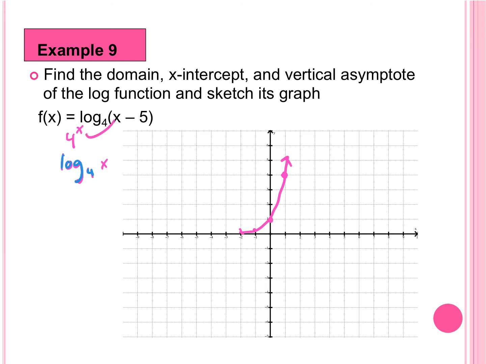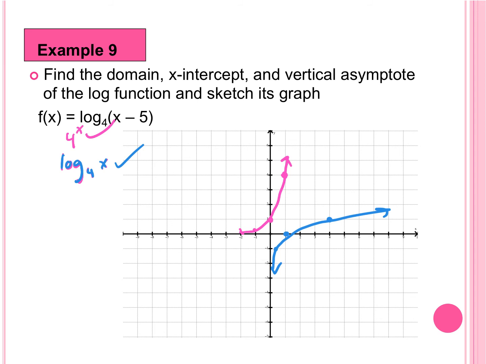Next, I'm going to graph log base 4 of x. This is just my base graph where I flip all of these points. So instead of (-1, 1/4), I'm going to have (1/4, -1), down here at (1, 0), and then (4, 1). So I just flipped my exponential graph, and it's my log base 4 of x.